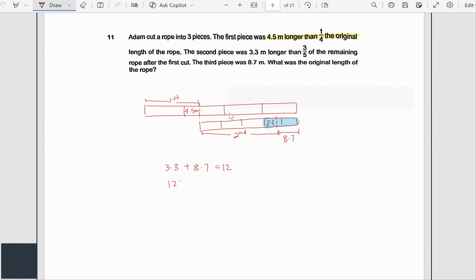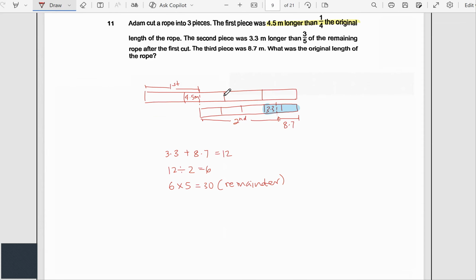So 12 divided by 2, then times 5. And that is actually your remainder as well. Okay, times 5, first 5 units. You get 30. So when you move up, this part here is 30. 30 plus 4.5 to get 3 units of the first model.